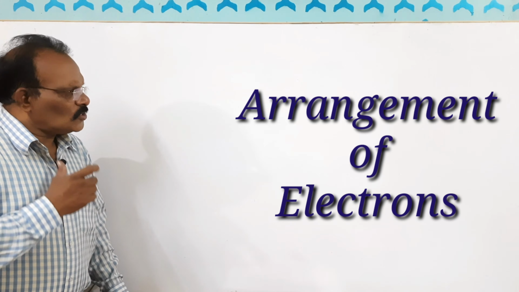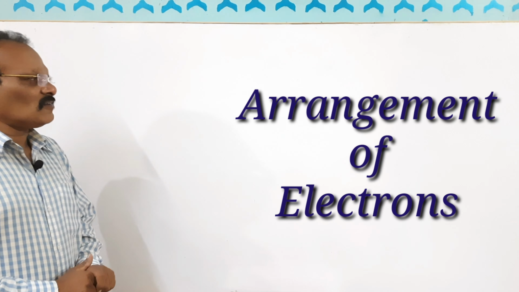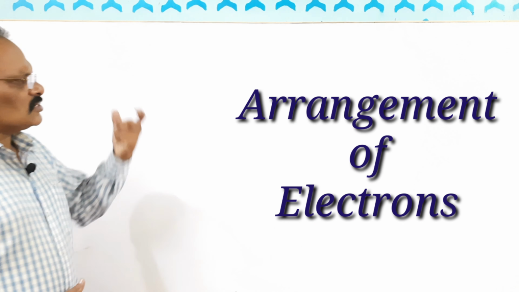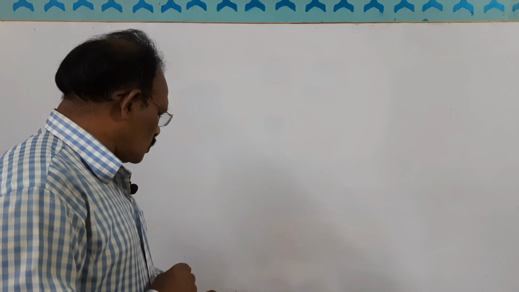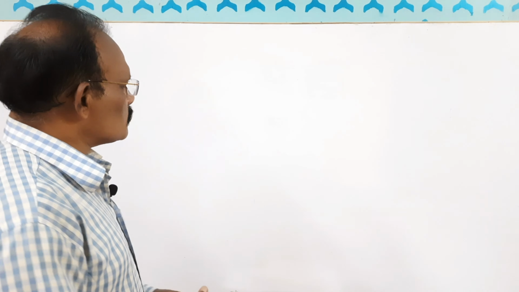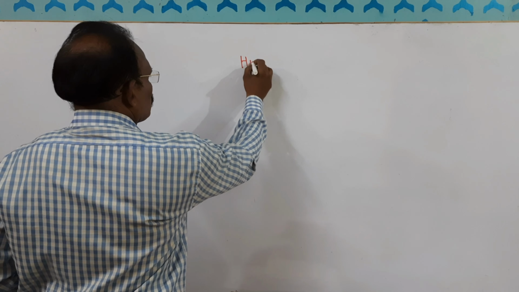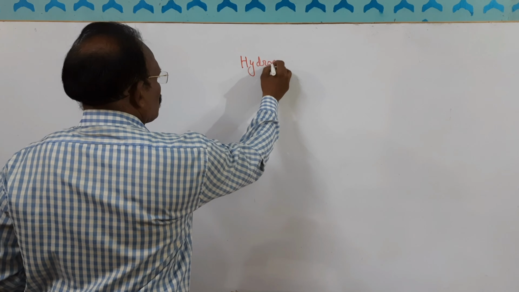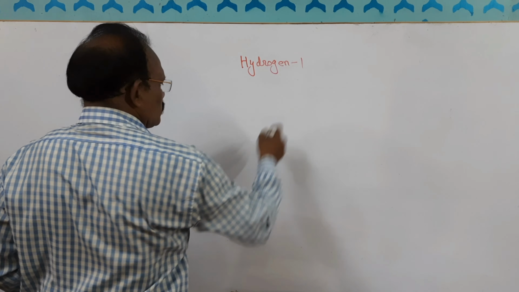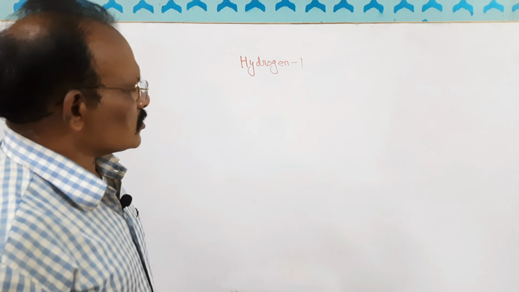For this, we have to go through the atomic numbers of different elements. In my previous video, I gave you the atomic numbers of the first 20 elements with a simple trick. Suppose the atomic number of hydrogen is 1. What does 1 mean?